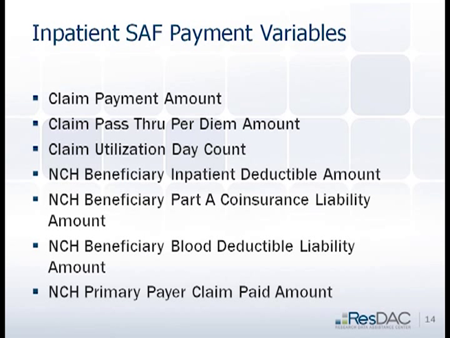You have the claim payment amount. You again have a claim pass-through per diem amount. You have a claim utilization day count. You have an NCH beneficiary inpatient deductible amount, their co-insurance liability, and their blood deductible, and again, a primary payer amount.